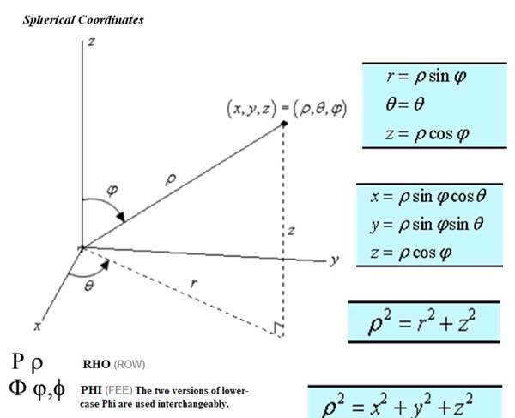In this case, our point in 3 space is given by a distance from the origin and then 2 angles. Theta is still the same theta from cylindrical. So theta is still the positive angle from the positive x-axis going towards the y-axis. It's still this angle right down here.